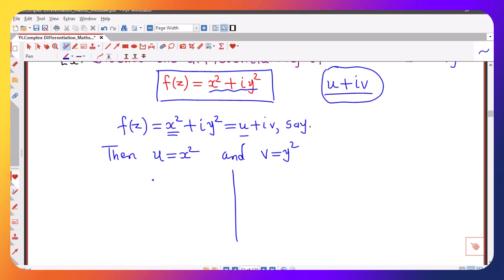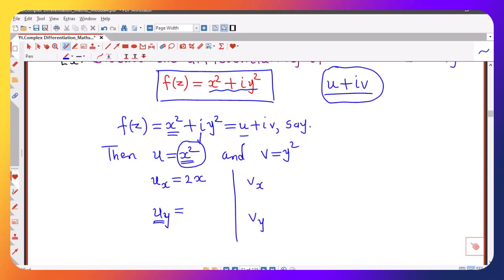Then as usual we first determine the first order partial derivatives of u and v with respect to x and y. First we differentiate u with respect to x, and the derivative of x square with respect to x is 2x. Then for del u by del y we consider x as constant for differentiation with respect to y partially.